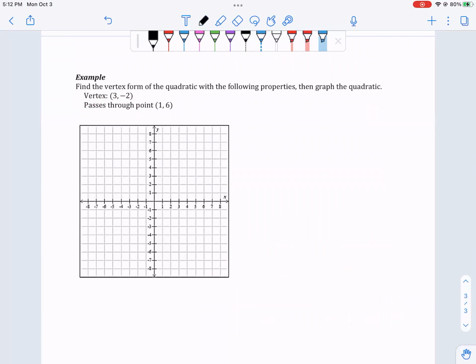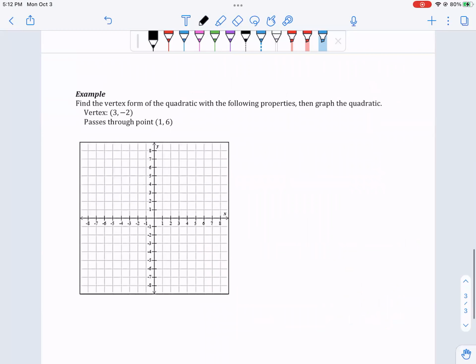So the vertex form of a quadratic, again, is y equals a times x minus h, quantity squared, plus k. So we need to find a, h, and k. Nice thing is that the vertex was given to us, so we do have h, we do have k.